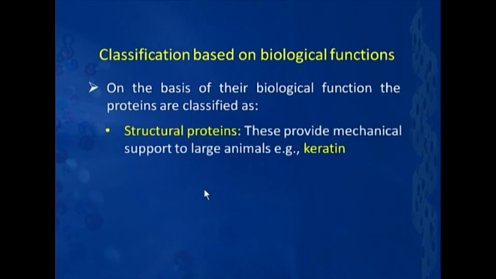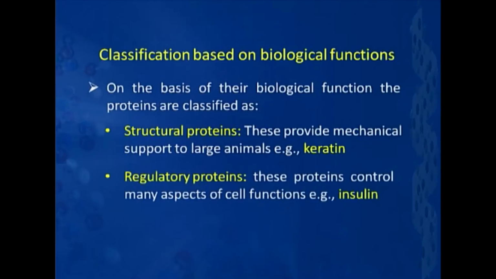One could be the structural function, because this is one of the most important functions of proteins. As the name suggests, these provide mechanical strength to large animals, because we have got muscles, the muscular proteins, or keratin, which I have given as an example, a hair protein, a protein in the nails and all. So, they are the ones which provide structure to the body. So, they are called structural proteins, because they provide mechanical strength and support.